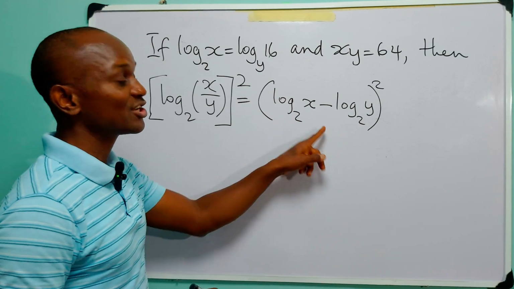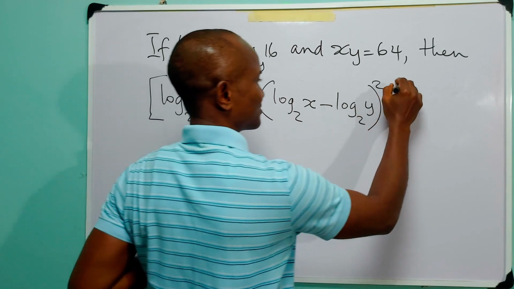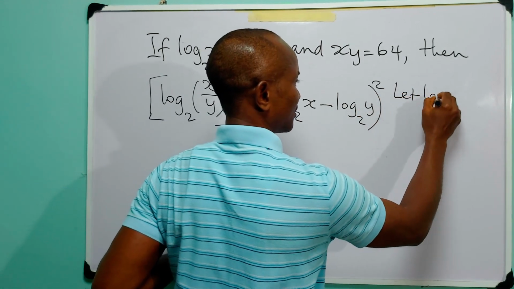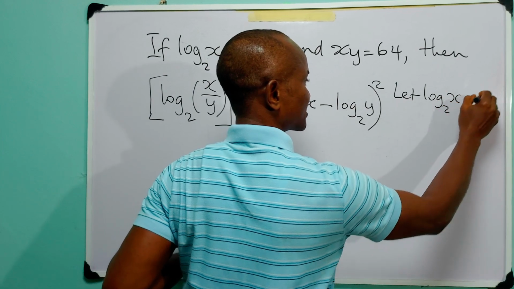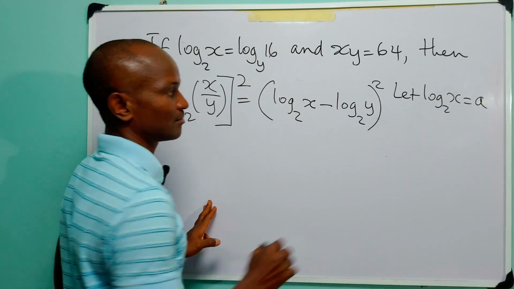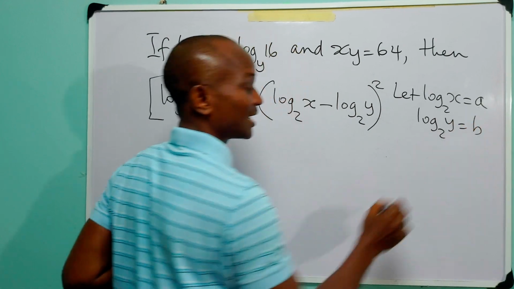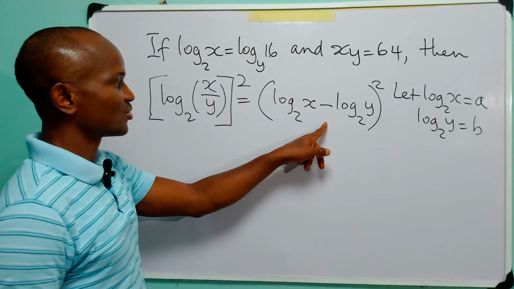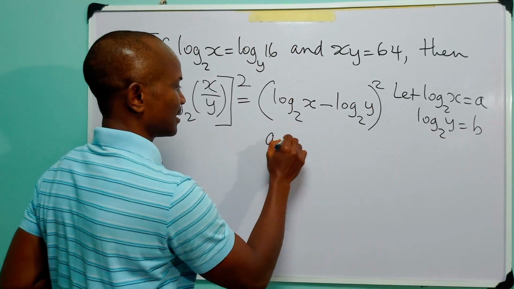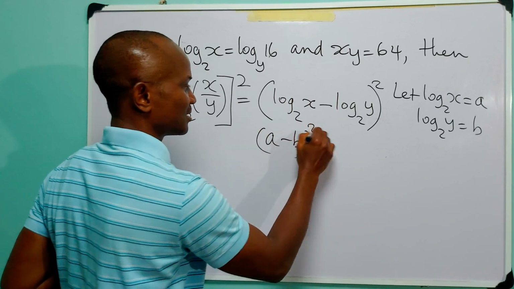Now, for simplicity of understanding, let us call log to base 2 of x a, and log to base 2 of y b. So this now becomes (a minus b) squared.